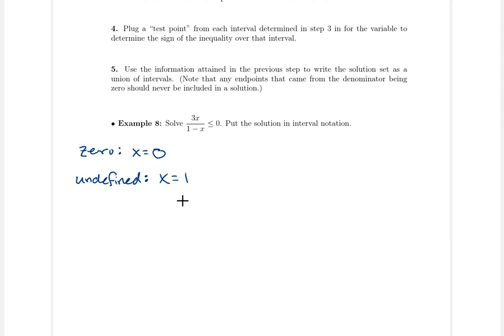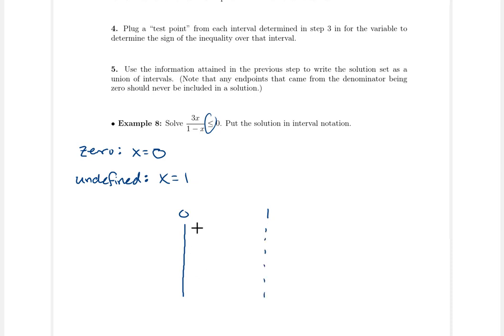Okay, so let's set up a sign chart like we did with polynomials. So I'll have a 0 and put this here. Now, I'm putting a solid line, right, because I'm saying less than or equal to. Now, when I put a 1 down, I'm going to go ahead and put a dashed line.